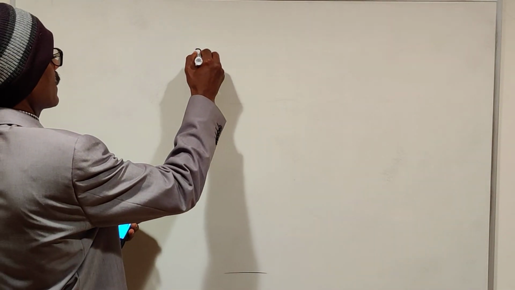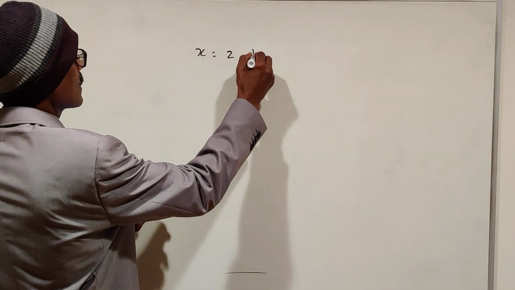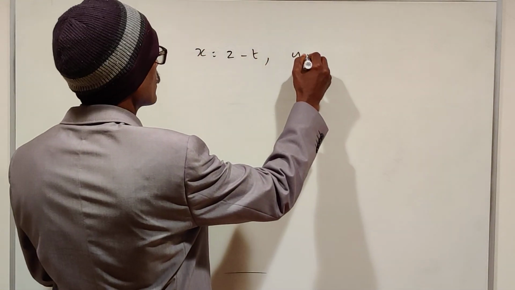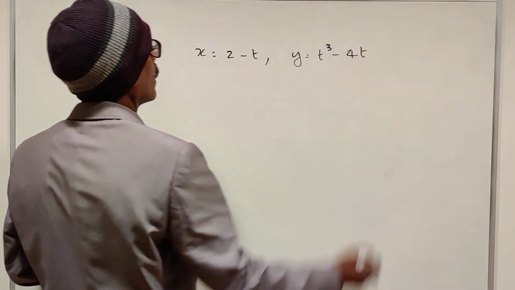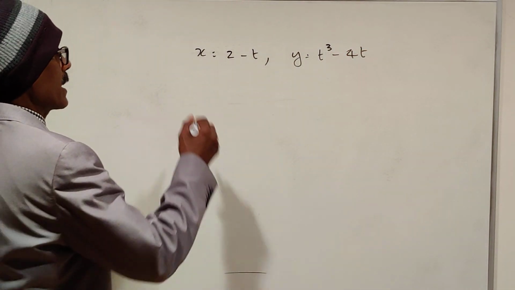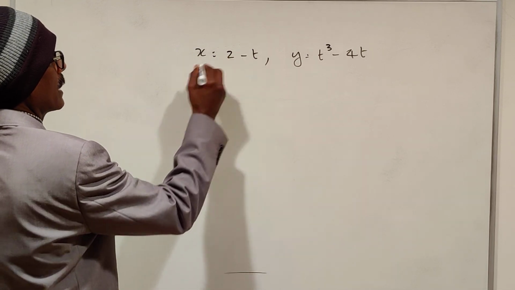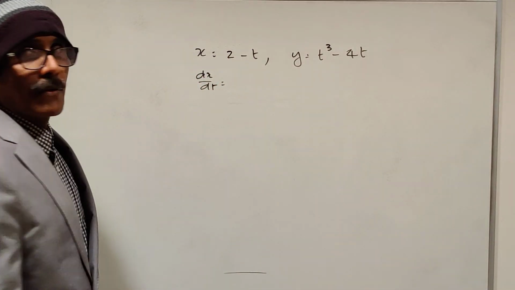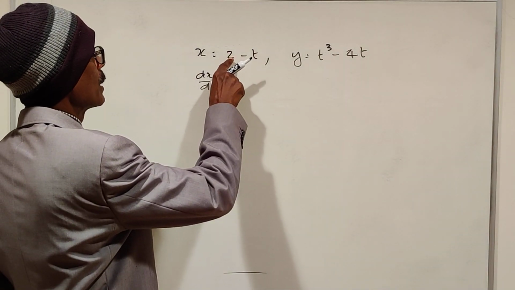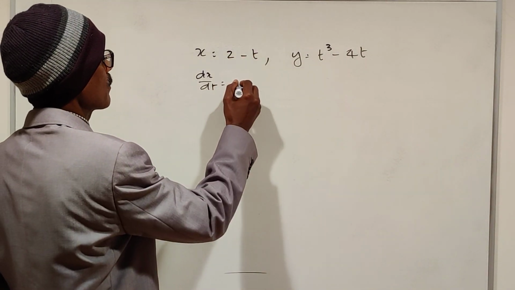Next, x is equal to 2 minus t, y is equal to t cube minus 4t. Okay, find dy by dx. Here dx by dt equals derivative of 2 is 0, minus t is minus 1.